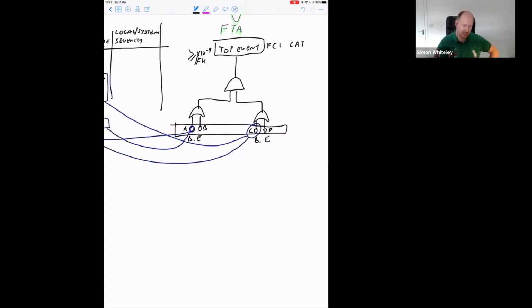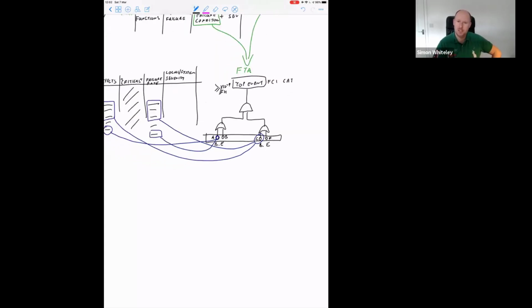So instead of having a fault tree, you would do the same activity, but you'd refer to it as an error tree. Same logic, same structure, same approach, just without numbers.